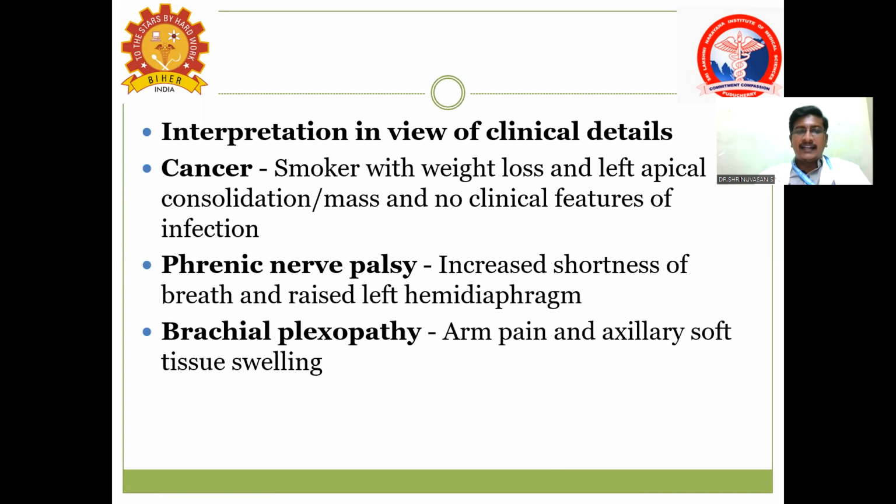Then we have discussed the hidden areas. Then finally the common conditions producing opacity, then common conditions producing hypertransradiancy, then emergency conditions like pulmonary edema, then finally one clinical question to look for hidden areas and identify the abnormal findings.